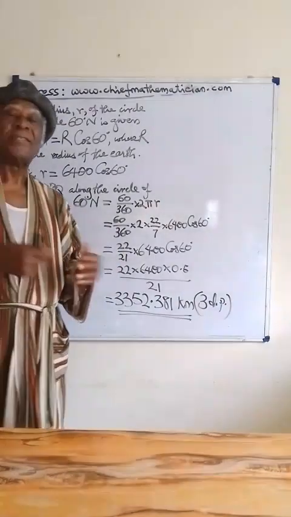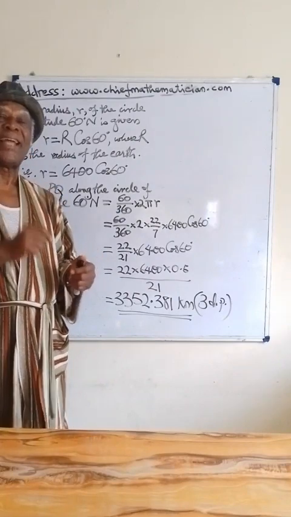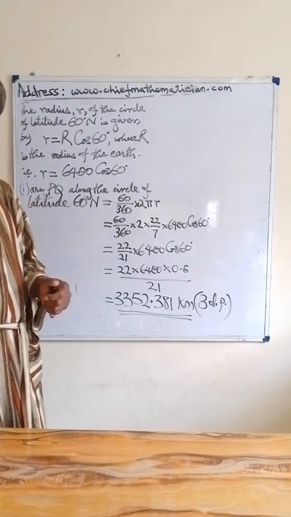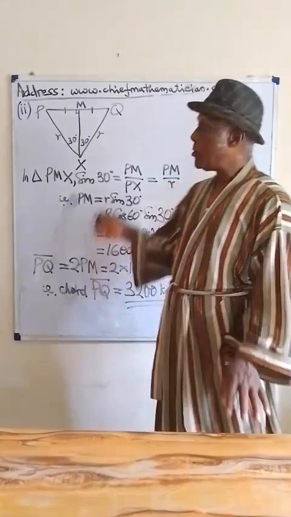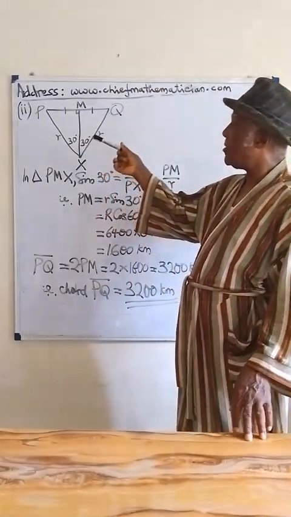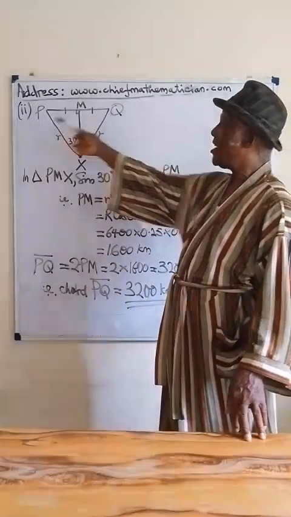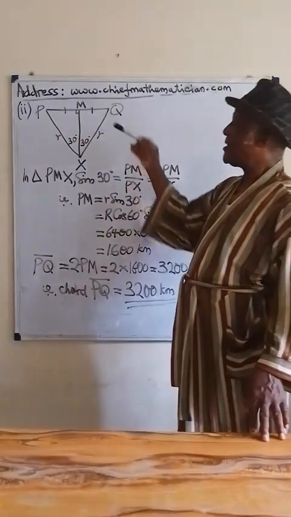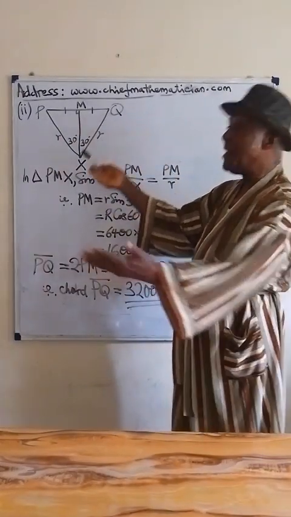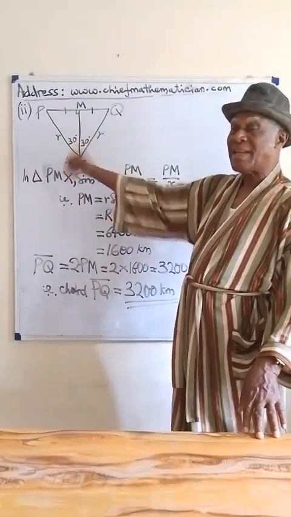Let us proceed to calculate the length of the chord PQ. So the second part of that question, we are looking for the length of the chord PQ. Now you can see the diagram I have drawn on the board. That is lifted from the main diagram.